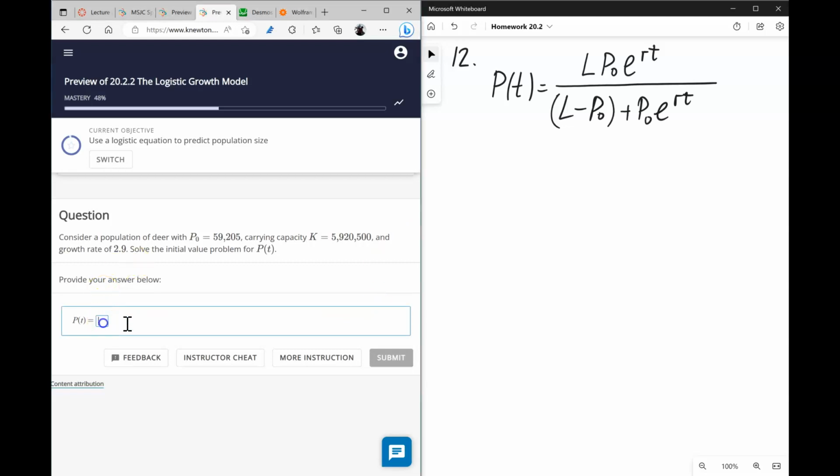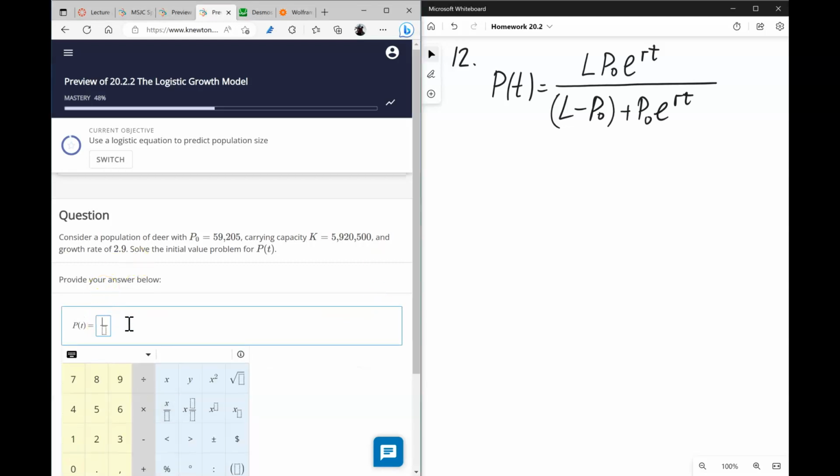So with everything being given, we have 5920500, 59205, 2.9t.